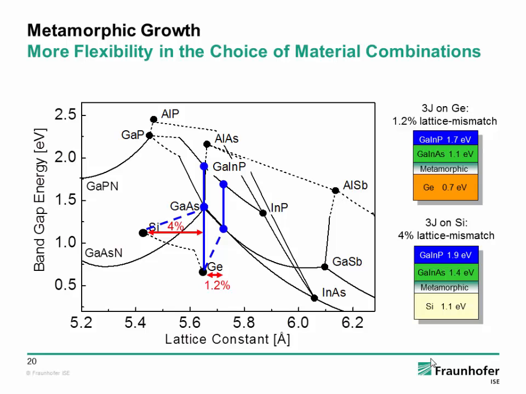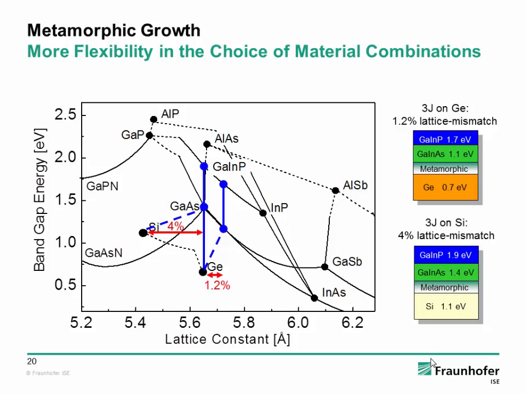And this is what we call the metamorphic growth, because we start to grow a buffer which generates a new lattice constant. And the whole aim is, and this will be explained a little bit later, that we have all dislocations located in this metamorphic buffer structure so that we can grow a very good material on top of that.